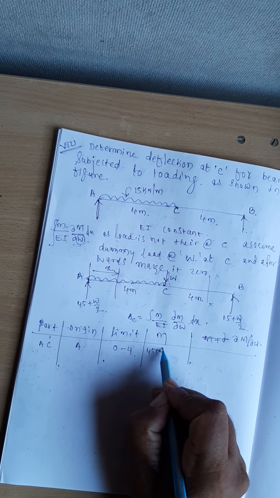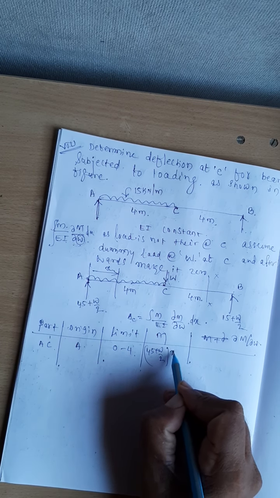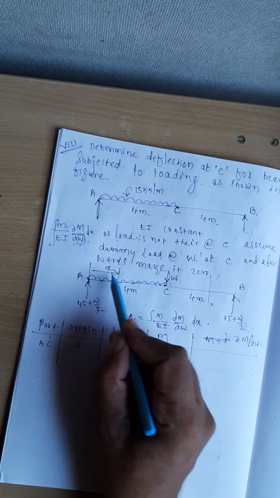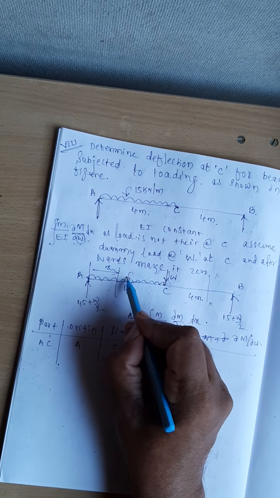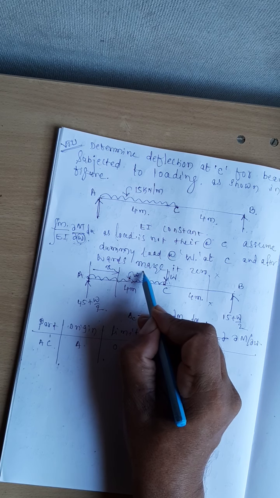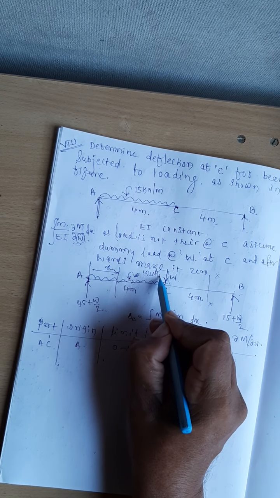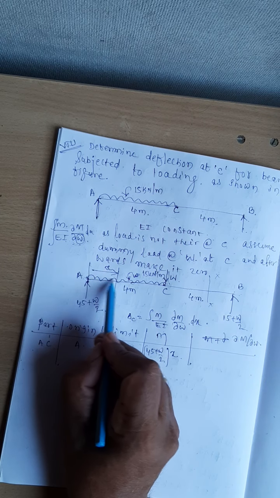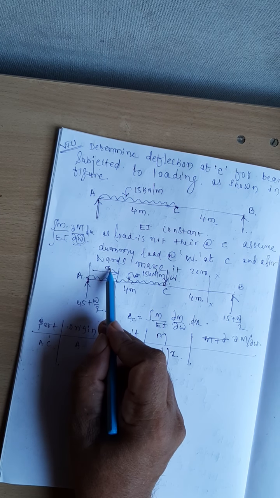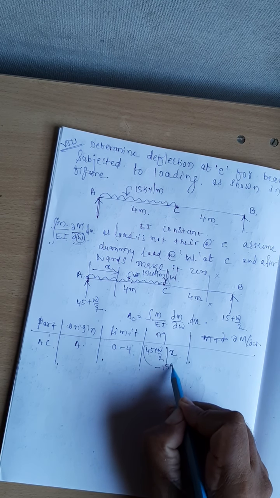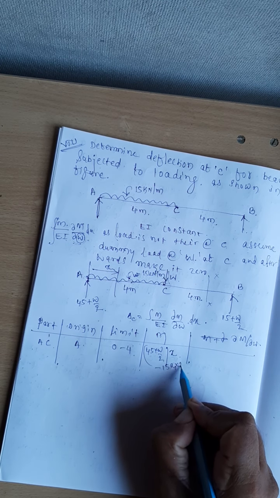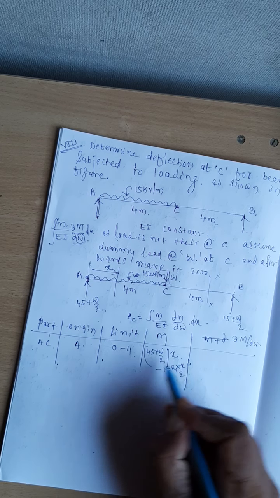Plus we need to consider this particular load, 15 kilonewton per meter run. Therefore, what is the load on this part? This distance is X. The load is 15 into X, minus 15 into X into X divided by 2.